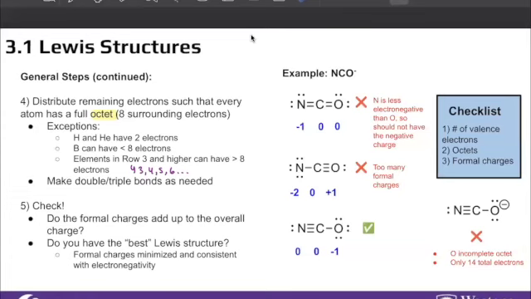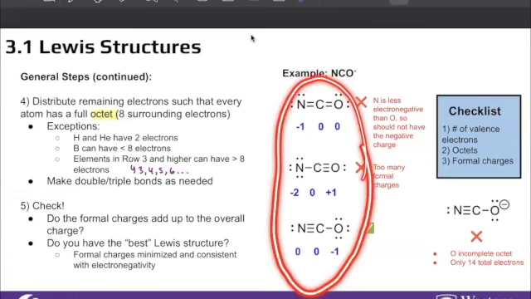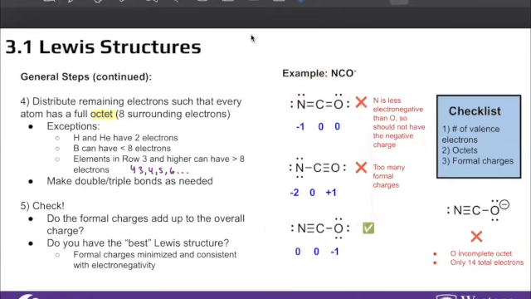Now you'll see with the 3 different options that I've put here, if you went through all of the atoms in these options, you'll see that everything does have a full octet. So we're all good there. But then how would we decide which one is actually the correct one? And that's where our 5th check step comes in.